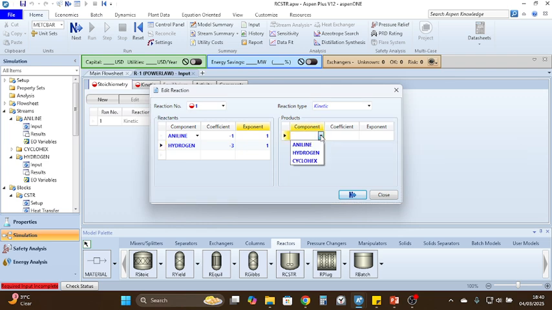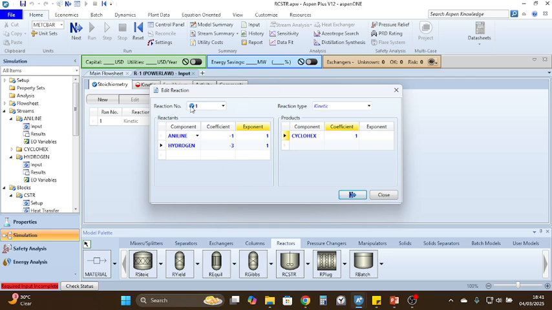Next is our product. Our product is cyclohexylamine and coefficient is 1. Once we have specified this in our product section, we usually don't have to specify the exponent over here, since we know that the rate of a reaction is always specified with the exponent of the reactants that are taking place in the reaction.